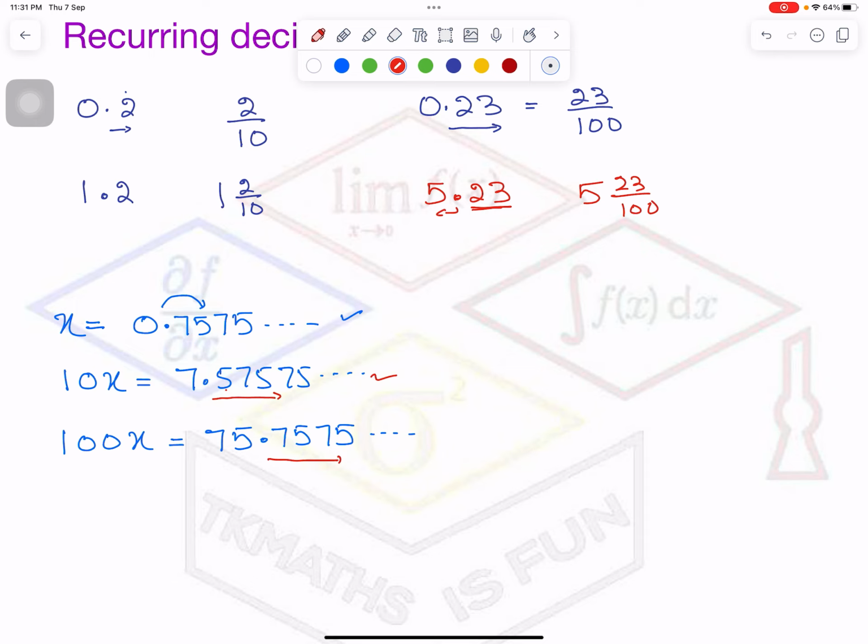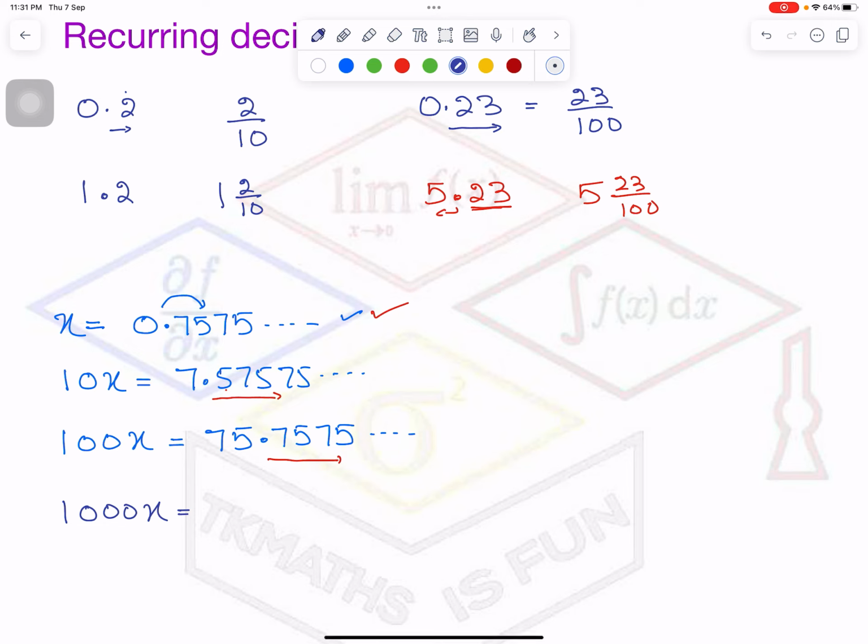Now let me multiply this again by 1000. Once you are expert, you will not do trial and error. Automatically it will come into your mind, you start thinking in that direction. Right now, to make you understand, I am taking all these long steps just to develop the concept.